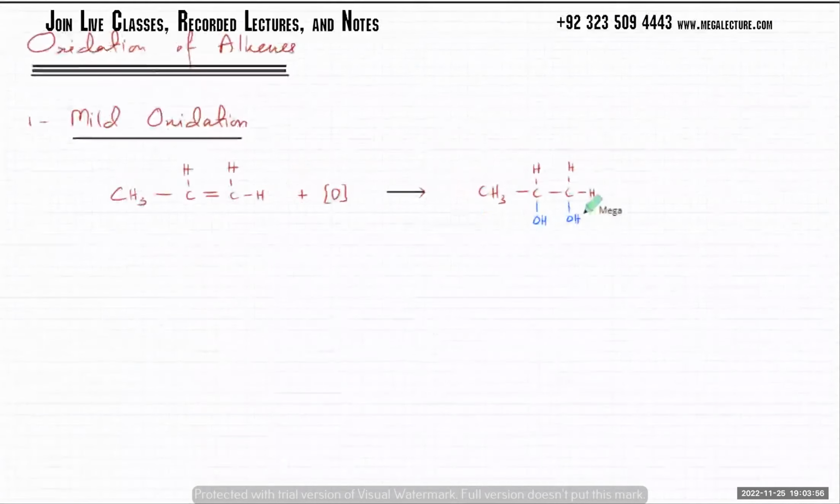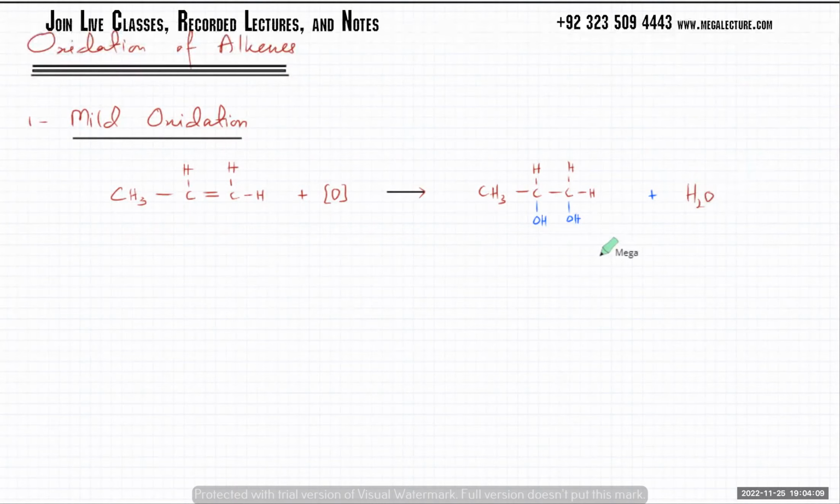And your byproduct is going to be a water molecule. ठीक है? तो साथ ही ना you get a, अच्छा, साथ ही you get a water molecule as well. So that's it. You just get two hydroxy groups.